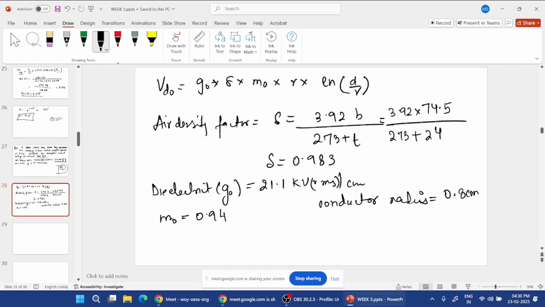So spacing between the conductors is given 2.5 meters. So it will be 250 centimeter. We will put in the centimeter values.